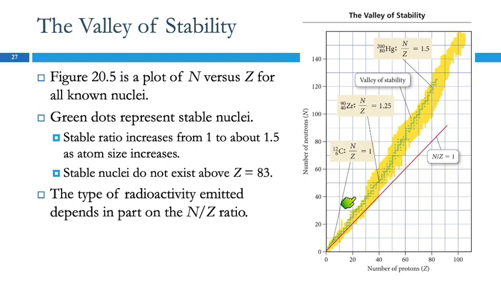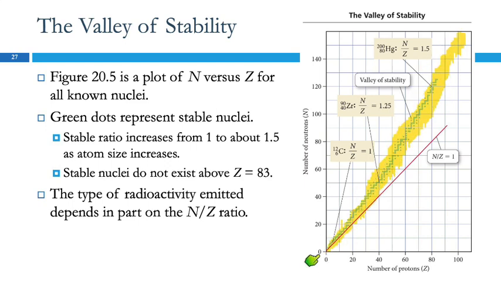And what we have here are green dots, which are stable nuclei. The yellow dots are unstable nuclei. So these are all the known nuclides, right?